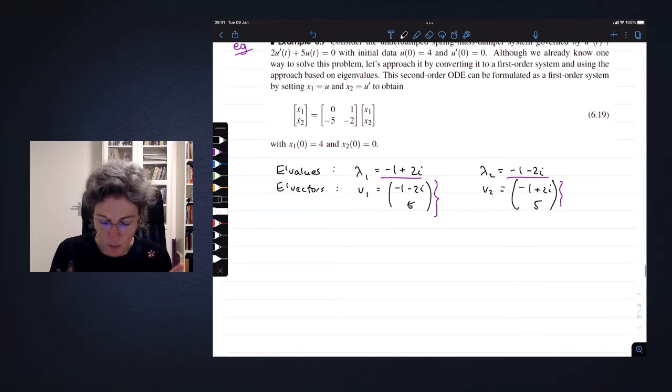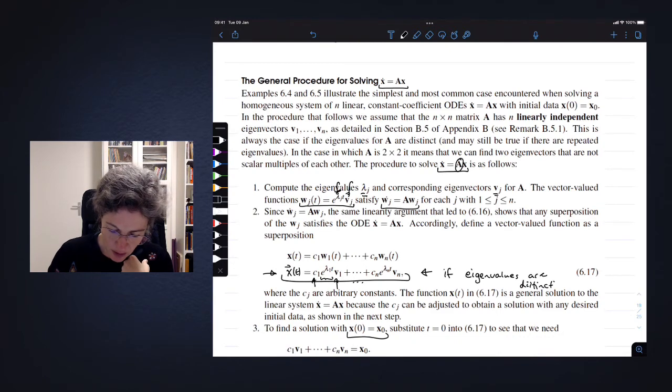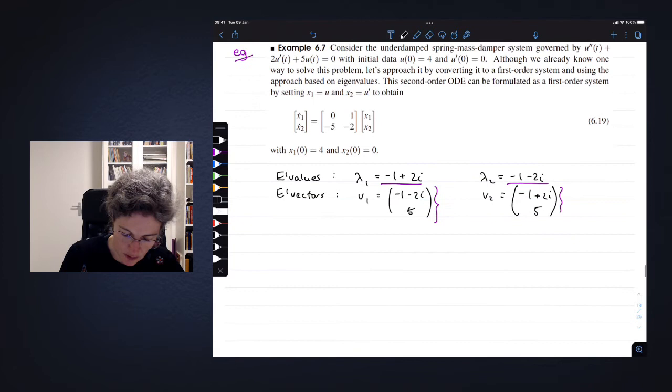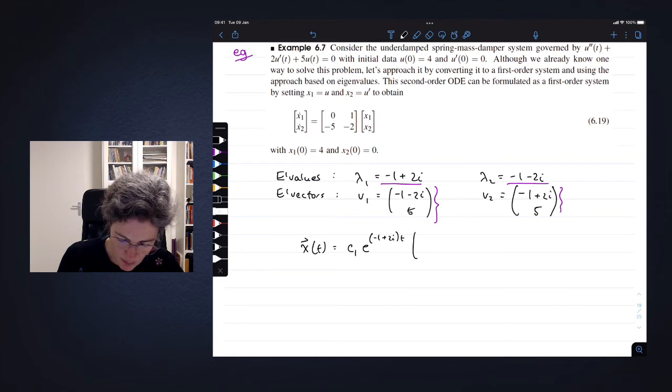So once we find the eigenvalues and the eigenvectors, following our recipe over here, we just construct our general solution using these. So we get x of t is equal to c1 times e to the power of our first eigenvalue times our first eigenvector, plus c2 e to the minus 1 minus 2i t, so the complex conjugate, times another complex conjugate.